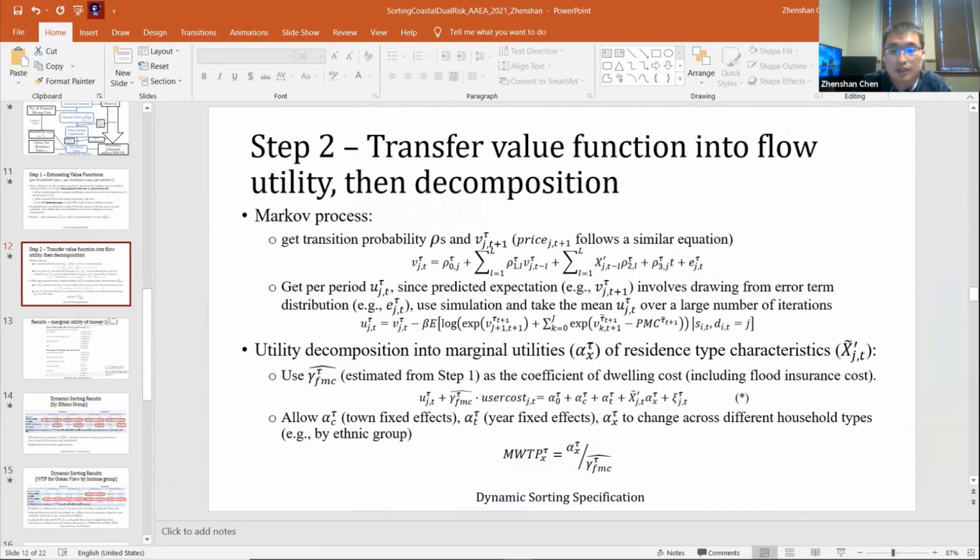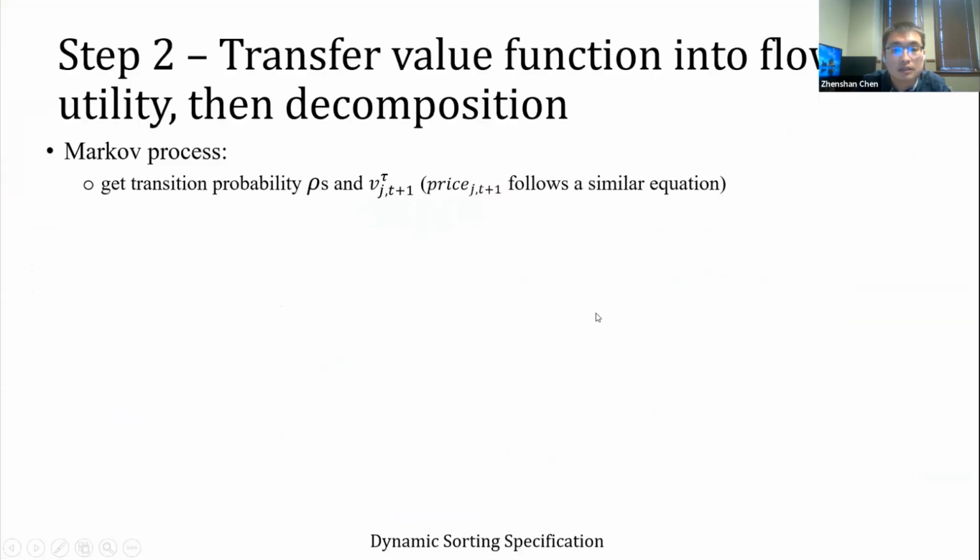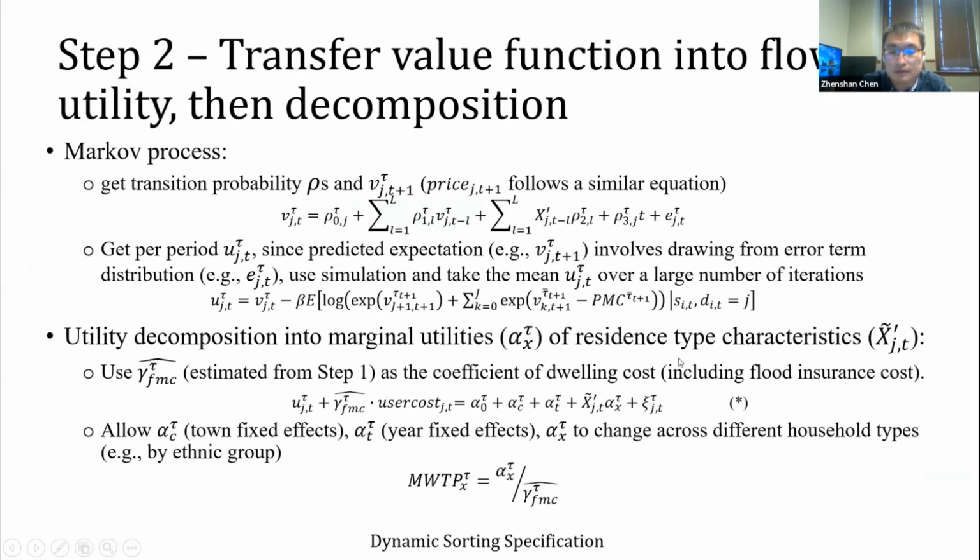Yes, I do. In this alpha x, alpha x is a vector of variables, right? It does include the flood zone and ocean view, but it also includes a lot of other amenities, not necessarily coastal amenities.